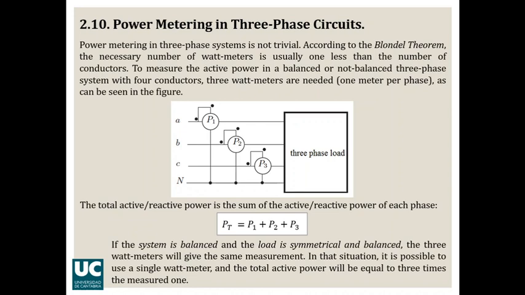If the system is balanced and the load is symmetrical and also balanced, then we can have only 1 wattmeter, because the total power would be 3 times the power measured by that wattmeter. So in that case, we can use a single wattmeter.